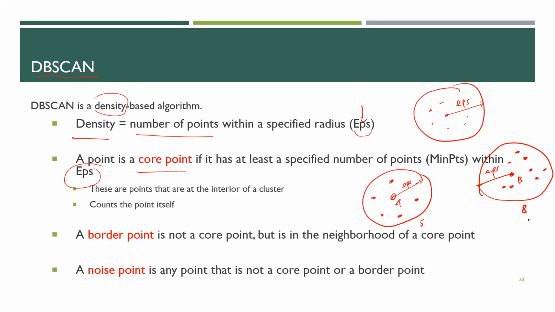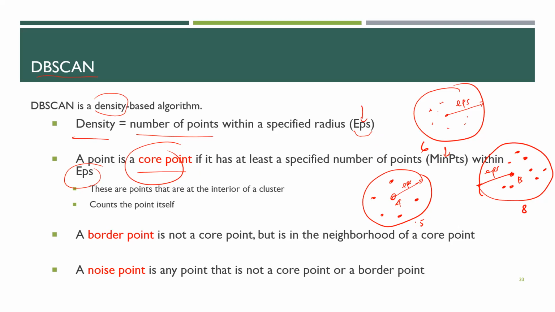So between A and B, which one is the core point? The core point is determined by the minimum points, MinPts. We also manually determine the minimum number of points inside or around the core point. For example, we decide a point will be a core point if it has a minimum of 6 points around it.